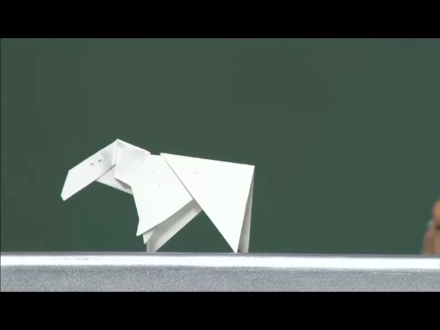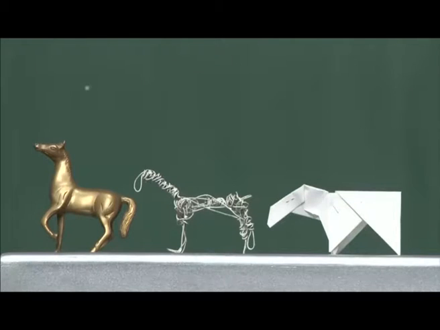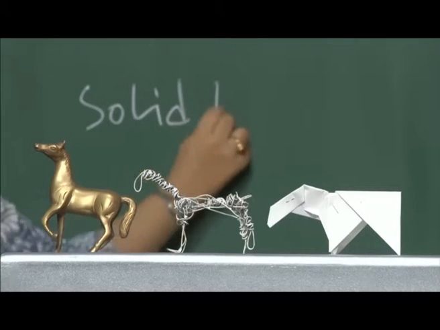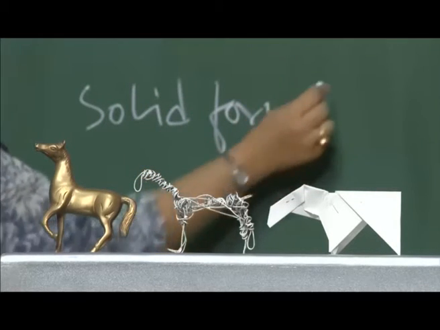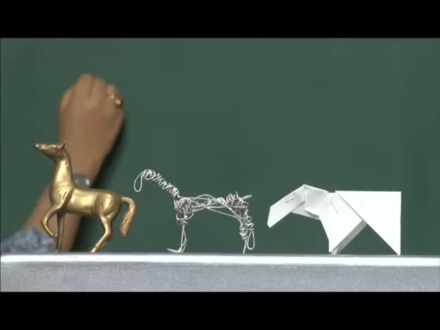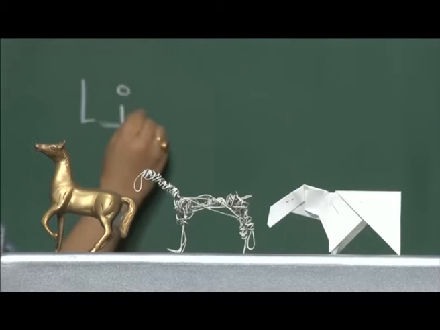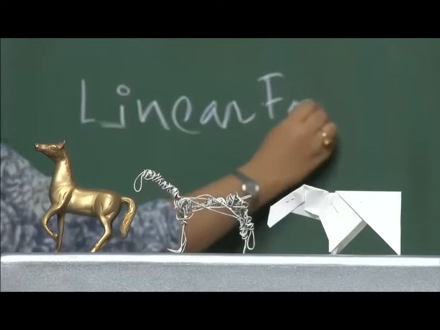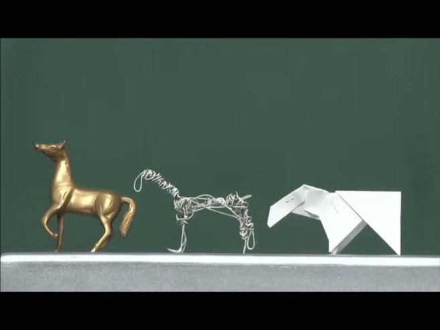Let us see the 3 forms together and try to understand how they are in their physical characteristics. So, they are examples of solid form, the next is a linear form, and the last one is a form that is based on planes.